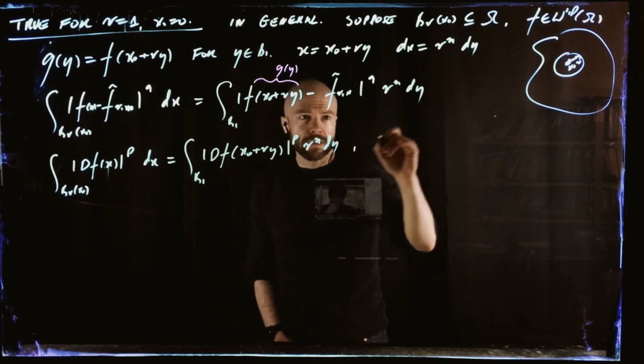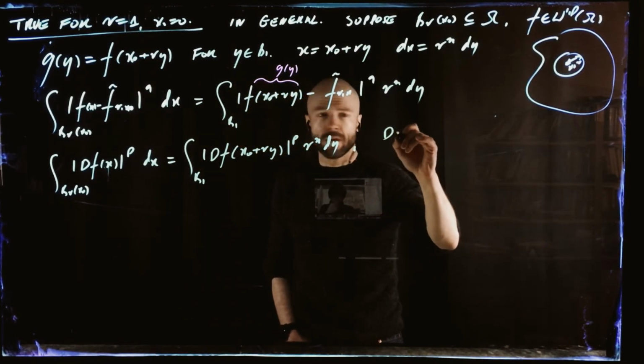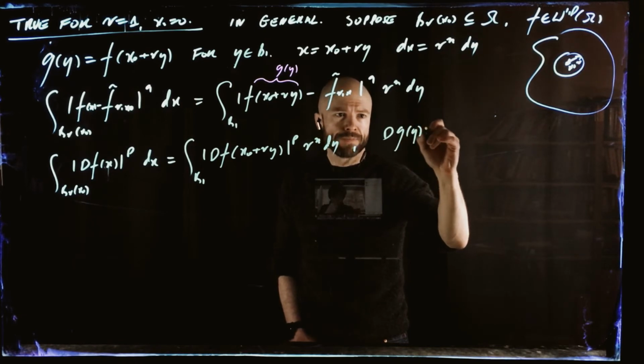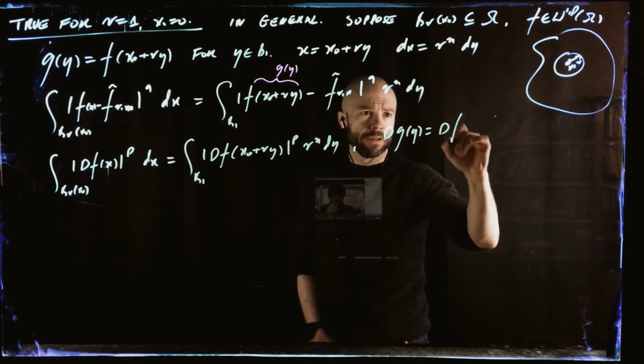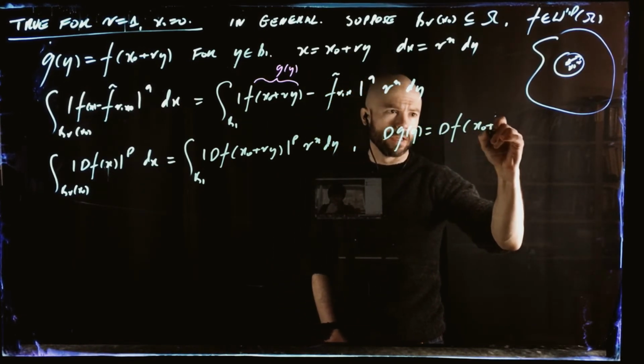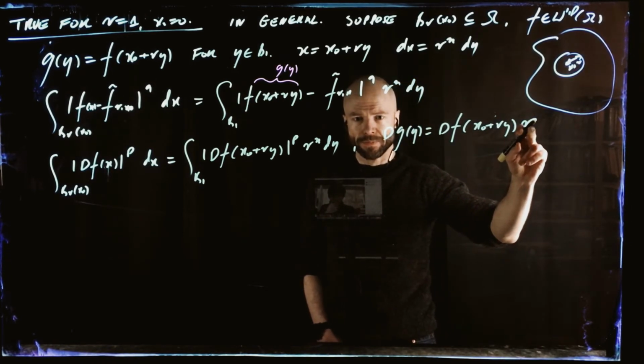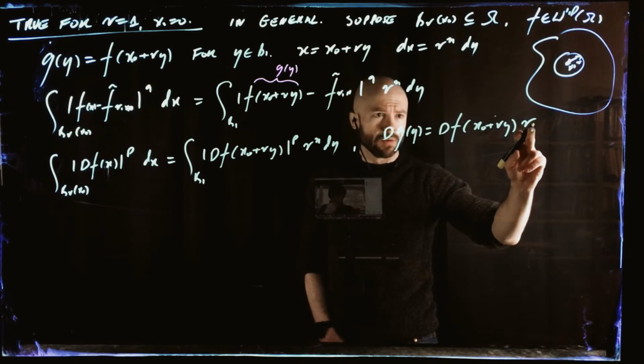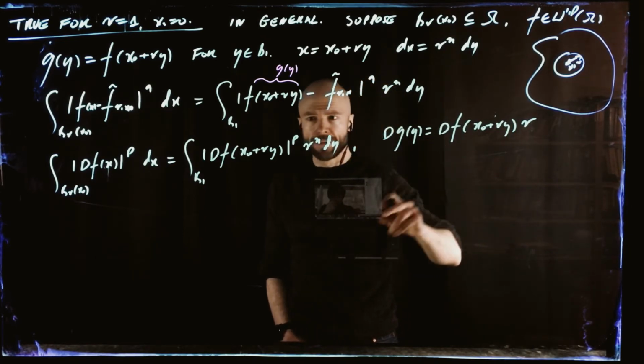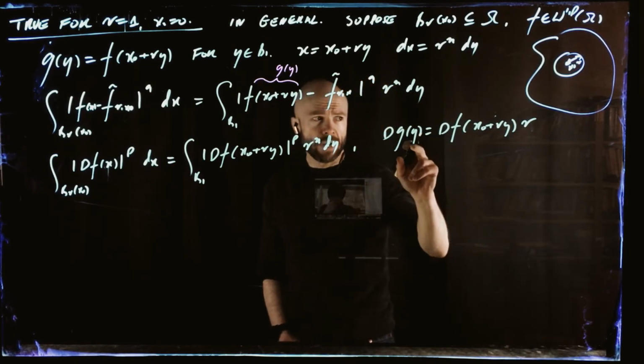But if we look at what happens when we take the gradient of g of y, then the gradient of g of y is the gradient of f at x0 plus r times y, and then times r, right, by the chain rule. Yeah? So we can replace this thing if we divide by r.